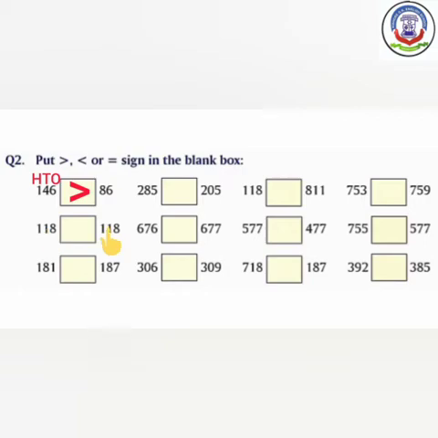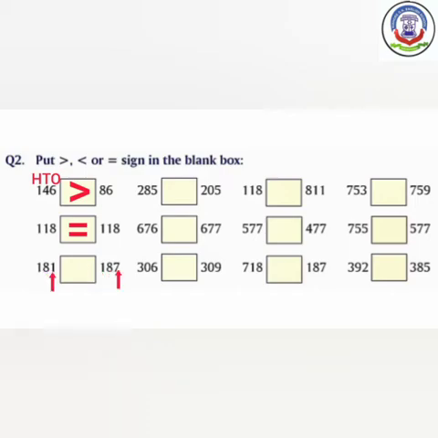Next, 118 and 118. Here on the both sides numbers are same. So we will put equal to sign. Next, 181, 187. Here at the hundreds and tens place numbers are same.